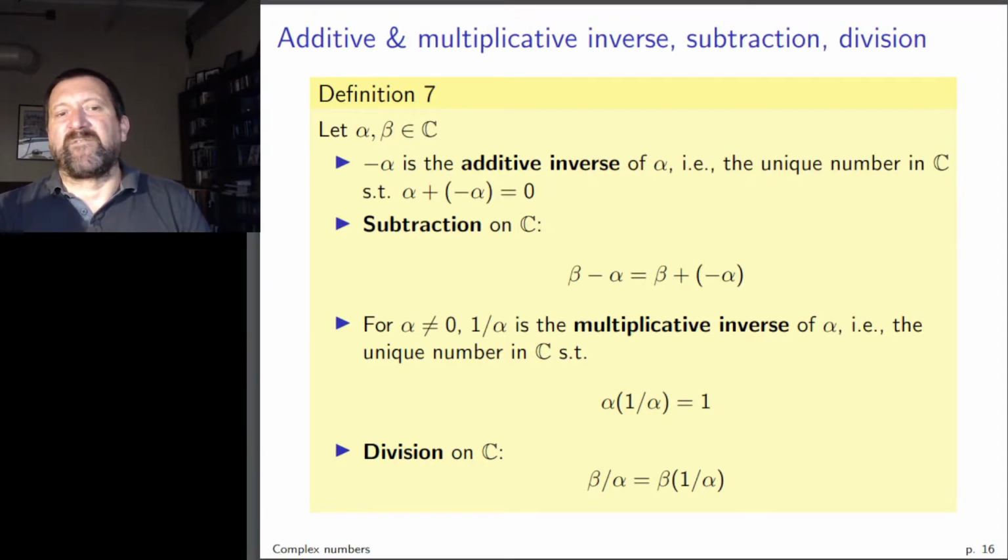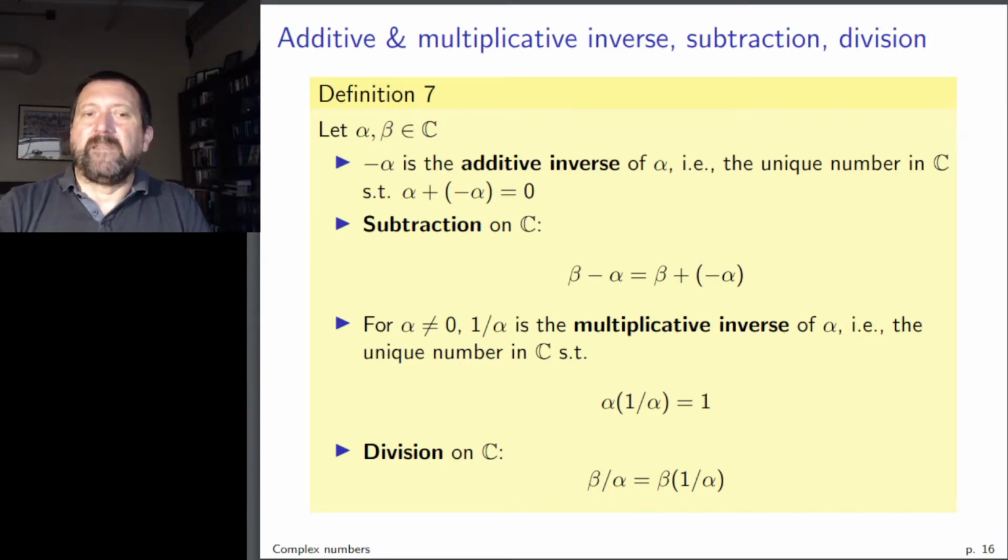So alpha plus minus alpha is equal to 0. Subtraction is simply obtained by adding minus a number to the other. The multiplicative inverse is obtained here, and division is simply multiplying by the multiplicative inverse.